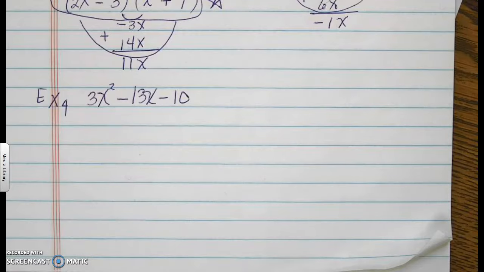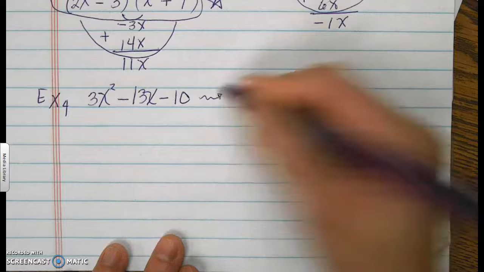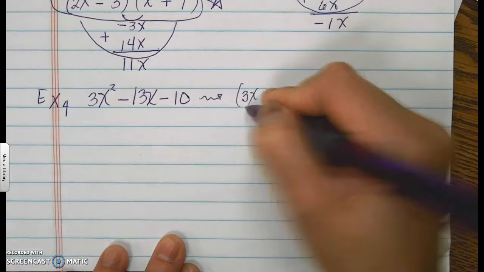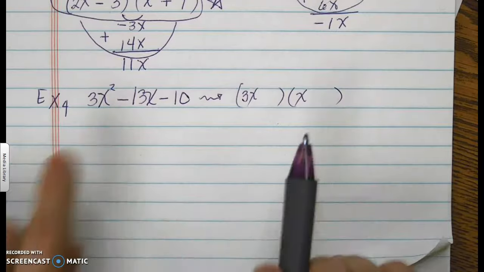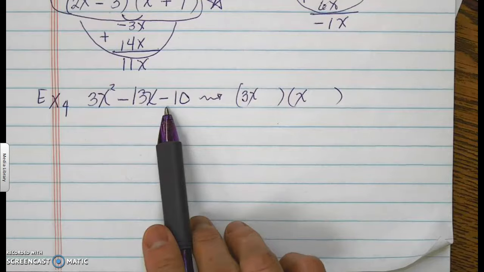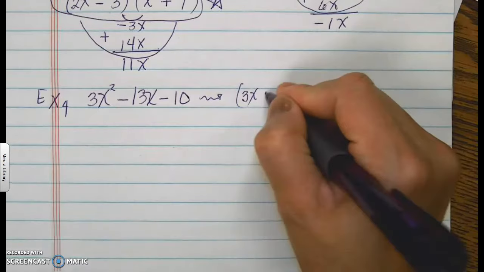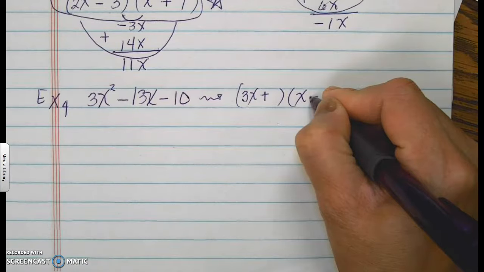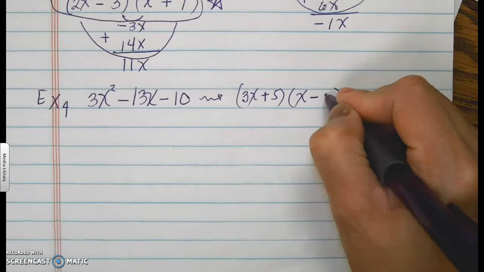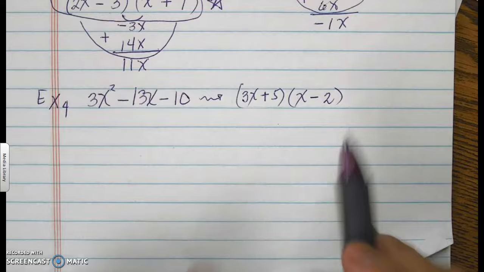For our last and final example, we have 3x squared minus 13x minus 10. Let's go ahead and do our trial and error. I'm thinking this is 3x, that's an x. That will do the first term, which is 3x squared. This is a negative 10. The fact that this is negative means that one is positive, one is negative, and I will just try 5 and 2, because that will make a negative 10.